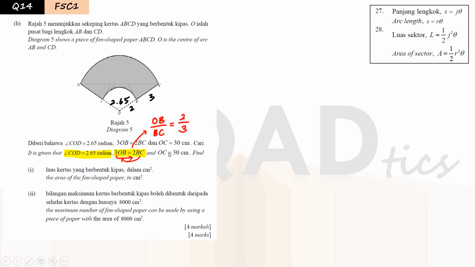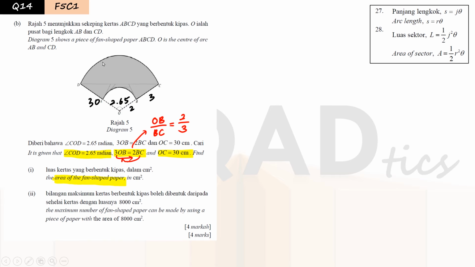Okay, and for the last information here, it says that OC is 30 cm. So OC here is the radius of the sector, and in this sector, OD is also the radius of the sector, right? So both of them are 30 cm. Okay, so in part 1, we need to figure out the area of the fan-shaped paper, which is this region ABCD.